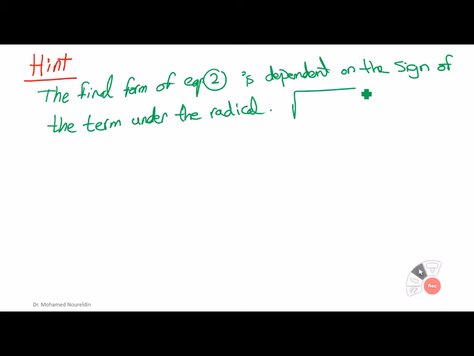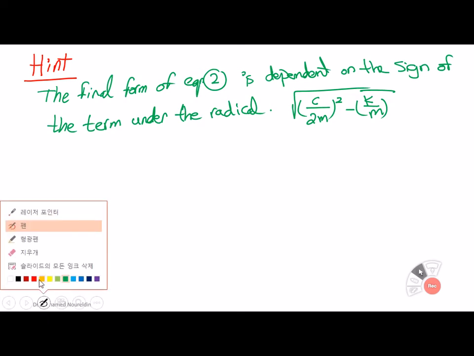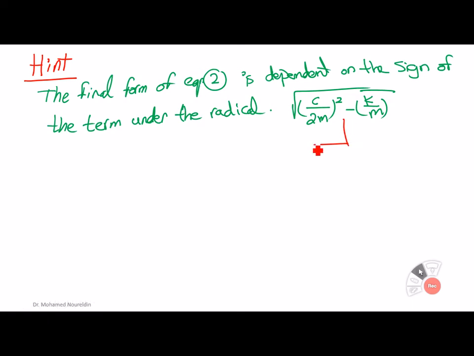Which is what here in our case? Exactly, it is (c over 2m) to the power 2 minus k over m, right? So this means that we are going to have three different cases.